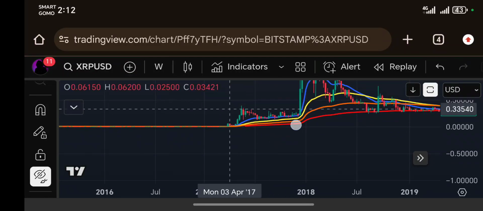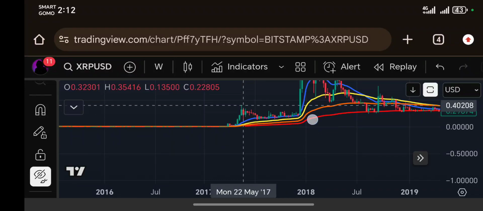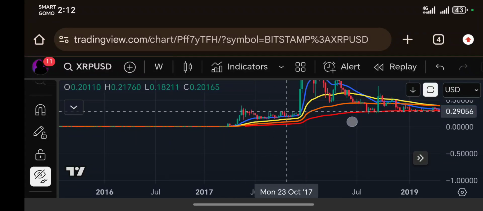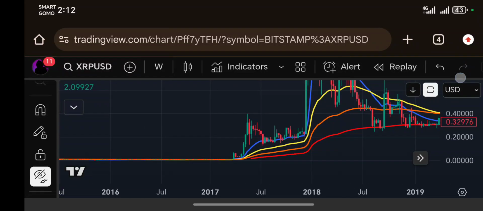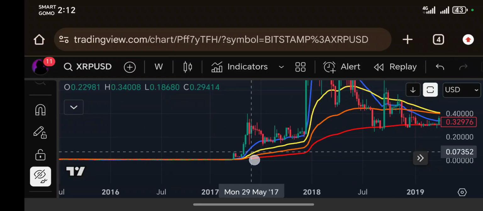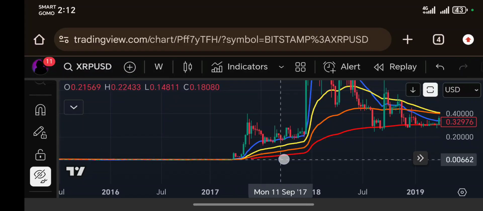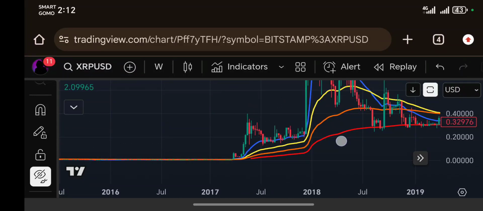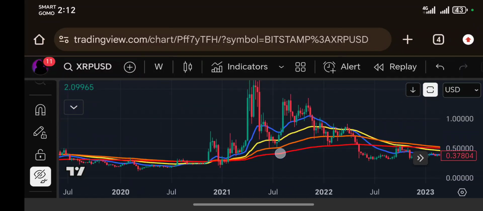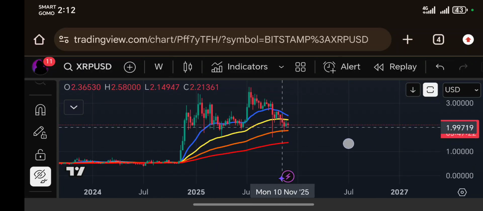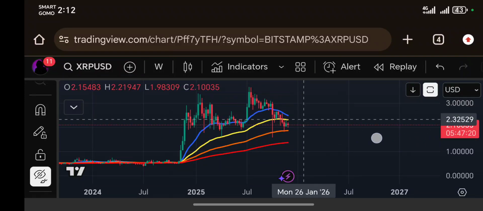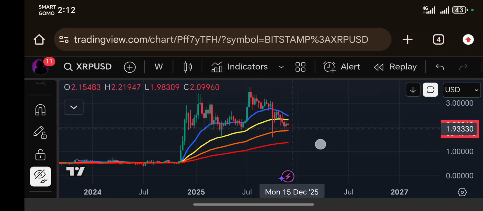We're just holding on tight to the support area, bouncing up and down. But the biggest difference is these EMAs were below the price action here, while this one tends to be on a bearish side. But we're still holding this support area.